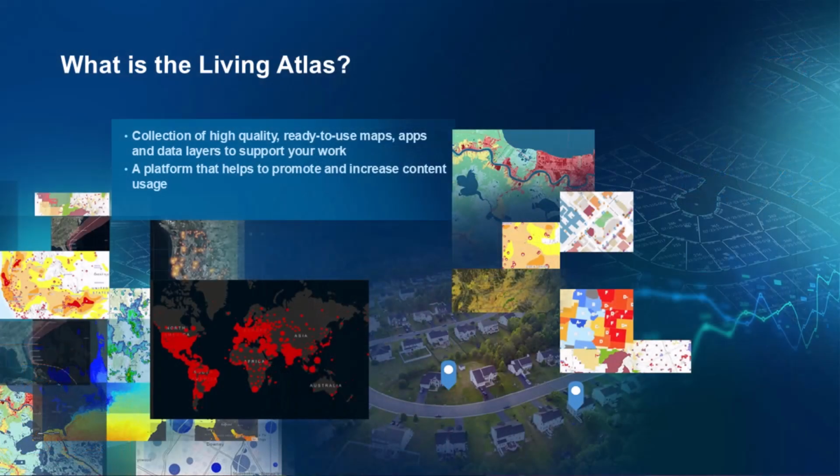So the ArcGIS Living Atlas of the World is the foremost collection of geographic information from around the world. But at its core, it really is a tool that helps build community by connecting individuals and organizations with the spatial content that they need for their everyday workflows. So the Living Atlas is an ever evolving repository of different maps, apps, and data layers curated from the GIS global community.